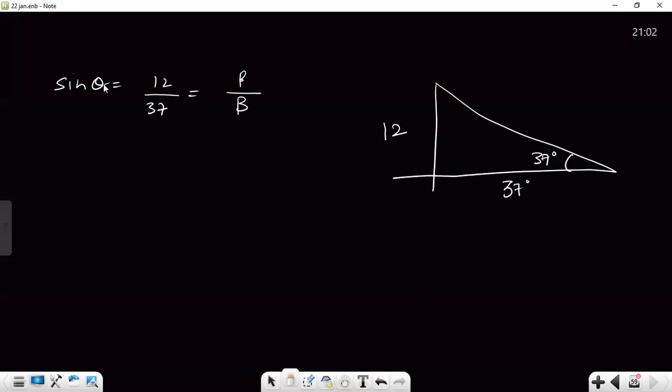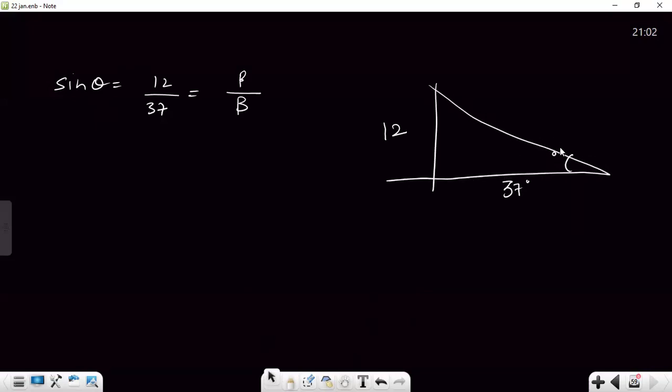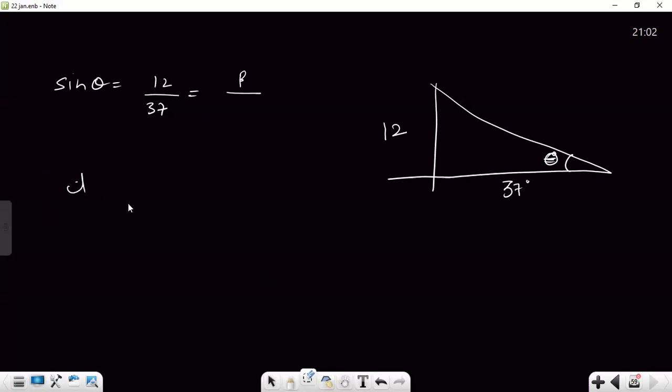Sorry, the angle is theta here, not 37. My bad. Okay, so here 12, 37. What we need to find out? Tan of theta. Arey yaar, I made one more mistake.